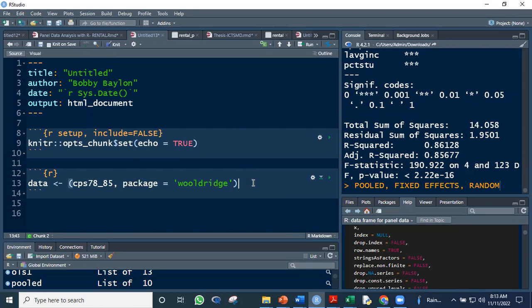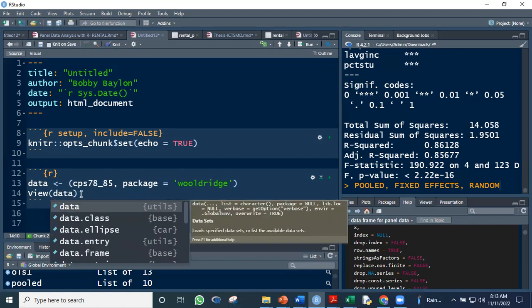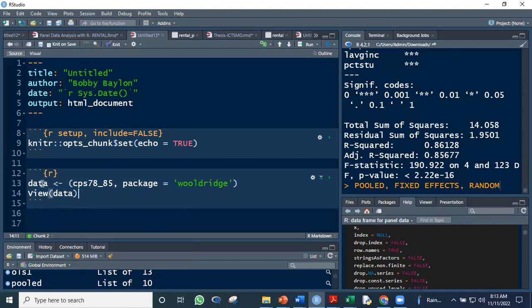Before we go to the fixed effects, let's have some more practice about the functionalities of PLM. So we're creating this object data, and it's the CPS 7885 data set from Wooldridge. Let's view this.